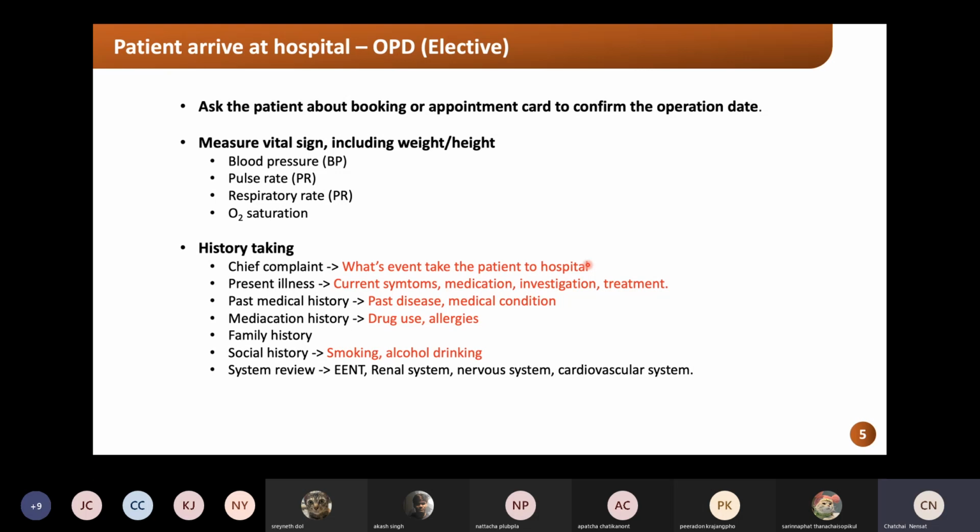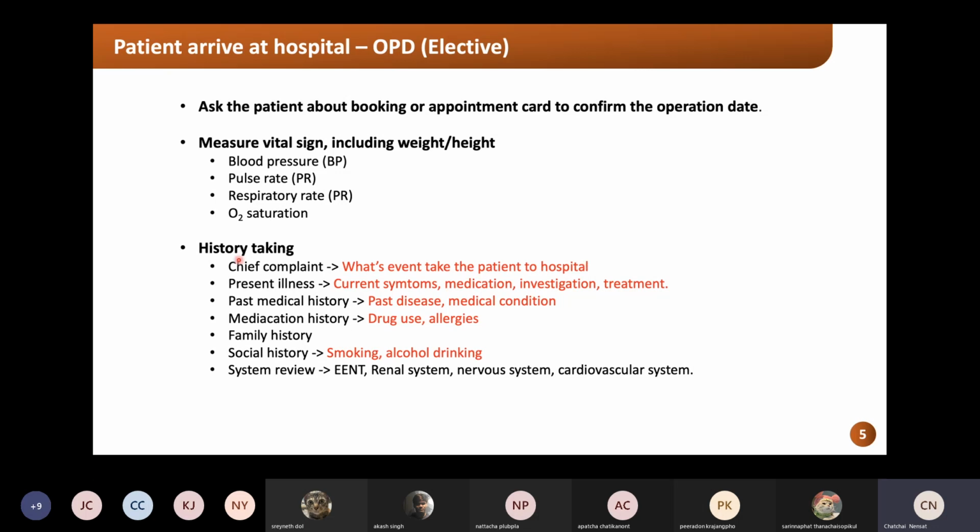But sometimes, if the patient gets sick or doesn't feel better, suffering with some disease, and arrives at the hospital for the first time and would like to see the doctor, then when the nurse does the history taking, the chief complaint at that moment is the symptom that brings the patient to the hospital. It counts as the chief complaint.